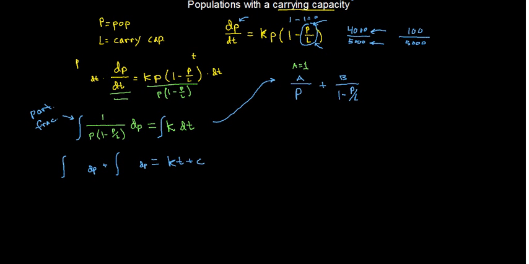Alright, now we have to do B. So what value of p makes this denominator equal to 0? Well, we have 1 minus a number here. If p is equal to L, you'll have L over L, which is 1. 1 minus 1 is 0. So p cannot equal L. That's the number that makes this one messed up. So L is what we're going to plug in for p over here.